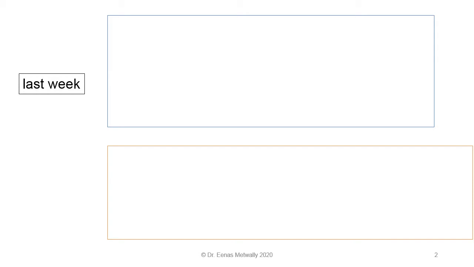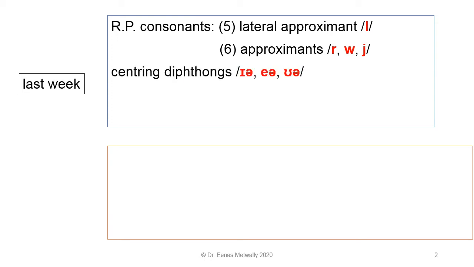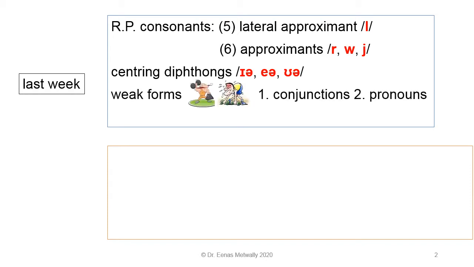Hello everyone, welcome to our penultimate video number 8. Last week we learned the English lateral approximant and 3 approximants. We also learned the centering diphthongs in English, ear, ua, the weak forms of conjunctions and pronouns, and word initial consonant clusters.